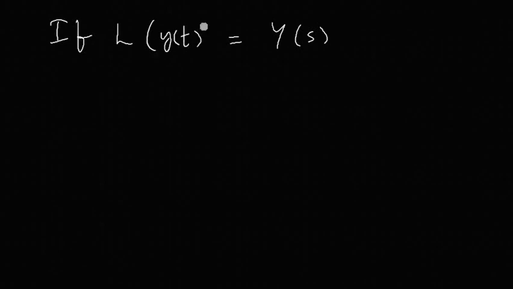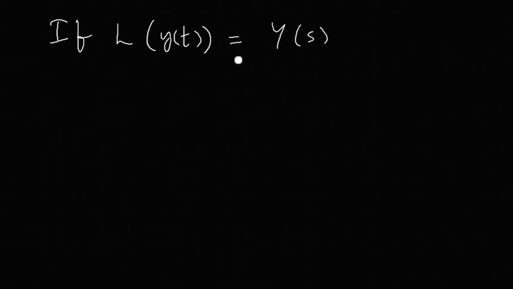Before I solve the differential equation, I would like to tell you that if L of y, a function of t, is equal to some function of s, instead of f of t, I'm just calling it y of t.